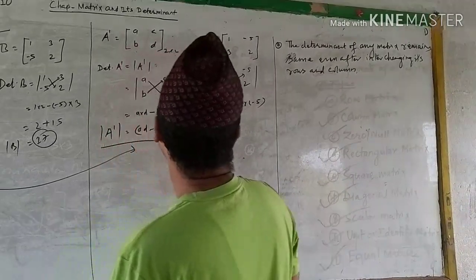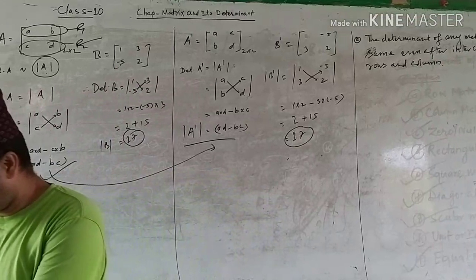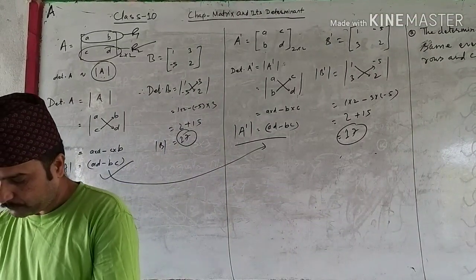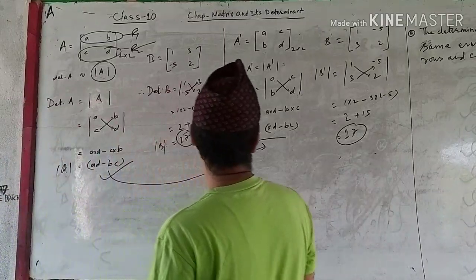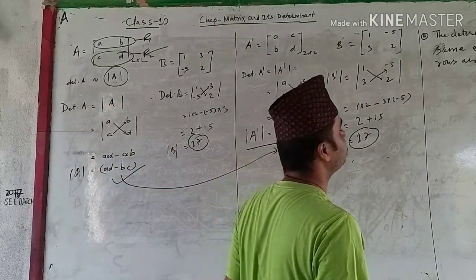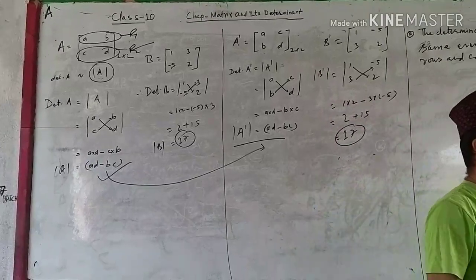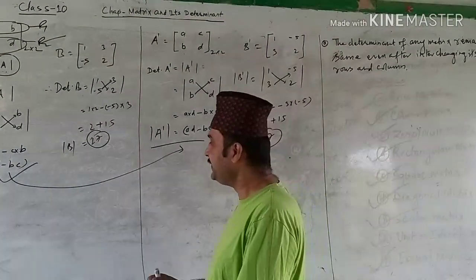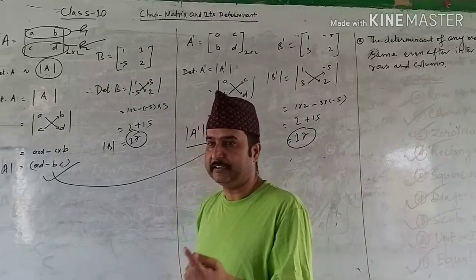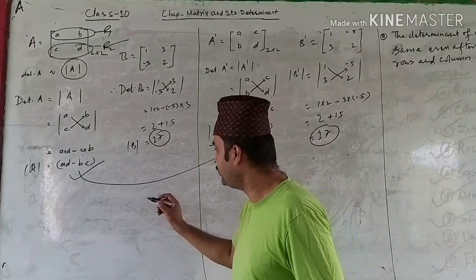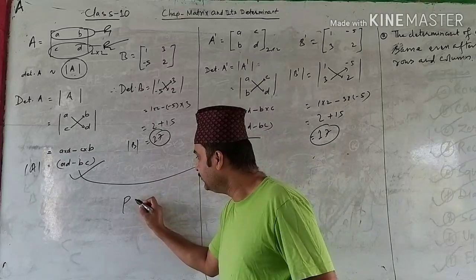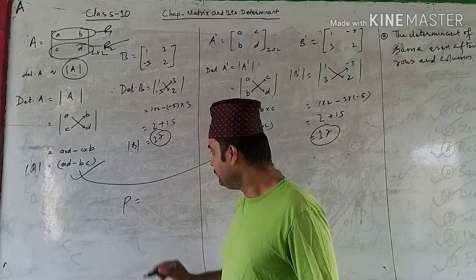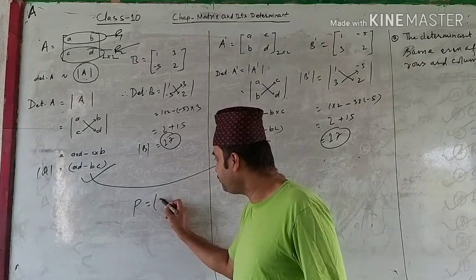So let's go for the next property. Before saying the next property, let me ask one question. If a matrix has a single element, then how do you find its determinant? Suppose, for example, matrix P, and matrices are denoted by capital letters. Here I say simply the matrix is 5.